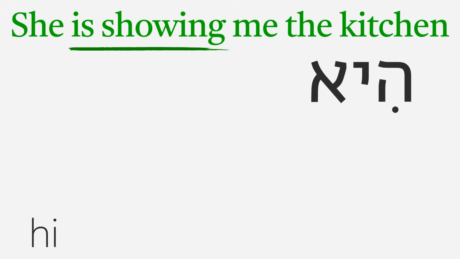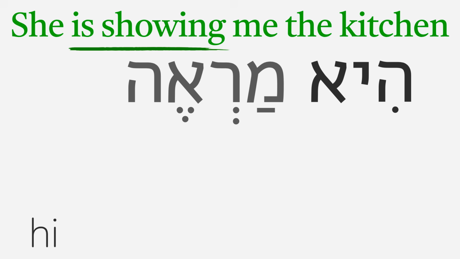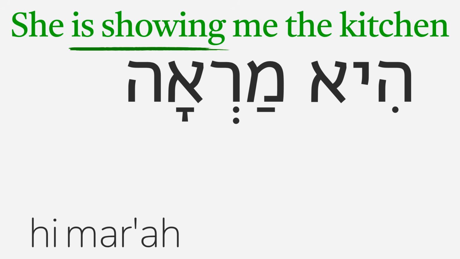The masculine singular form of this present tense is mar'eh, which has the eh ending, used with the masculine singular form of the present tense, with roots ending with hey. The subject of this verb is hi, she, so we need to put this verb in feminine singular form. To do this, we take off the eh ending and add the feminine singular ah ending.